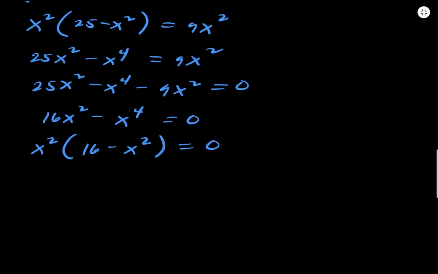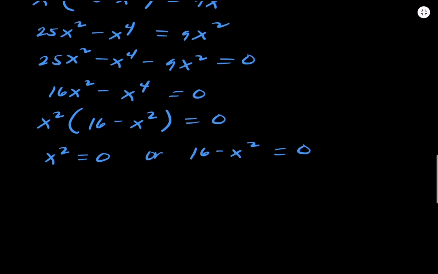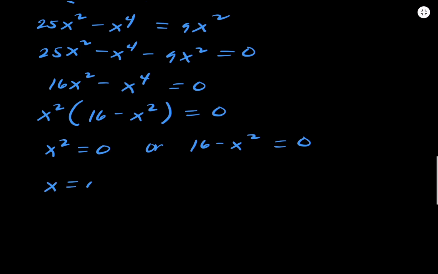From zero product property, x squared can be equal to 0, or 16 minus x squared can be equal to 0, or both. Okay, so x here is equal to 0, and we can factor this out. A difference of two squares, if you have a squared minus b squared, the factors are a plus b and a minus b.